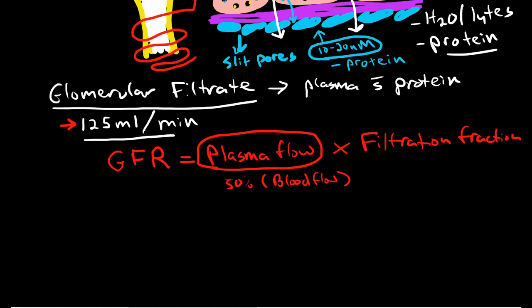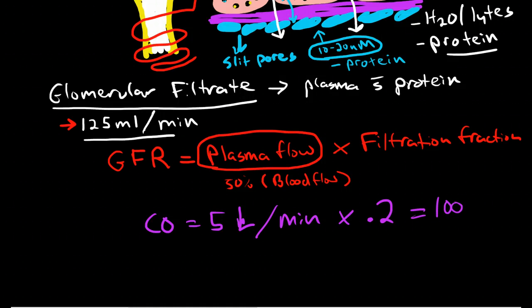How much blood flow is there through the kidneys? Well, our cardiac output is about 5 liters per minute, and about 20% of that goes to the kidneys. So we have about 1,000 mLs per minute of blood flowing through the kidneys, and 500 mLs of that is plasma. So we have about 500 mLs per minute of plasma flowing to the kidneys.